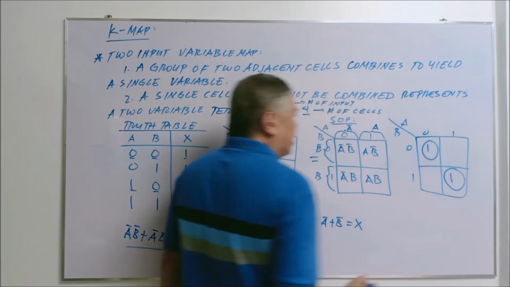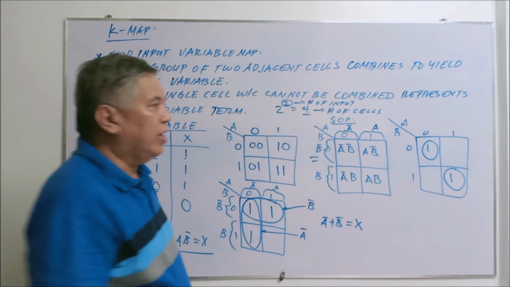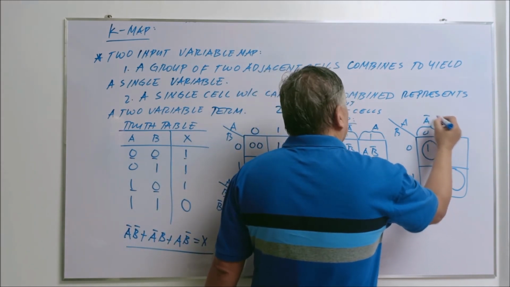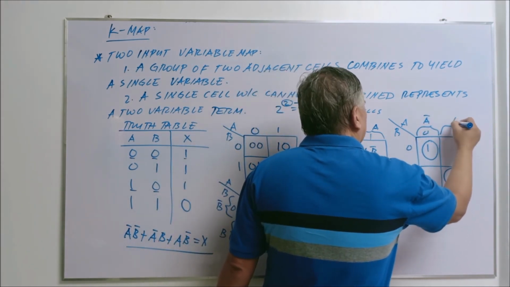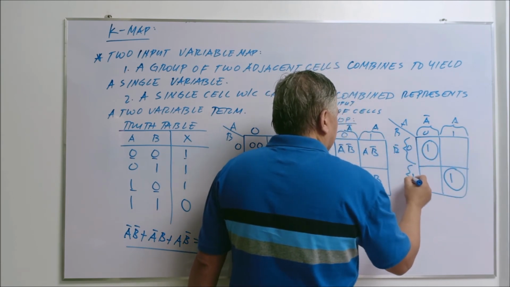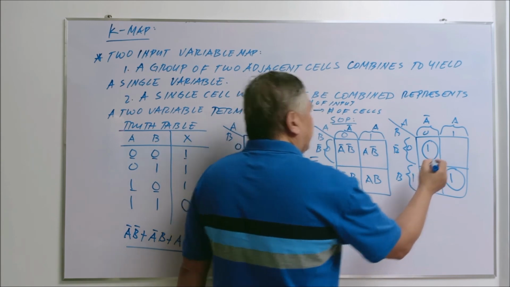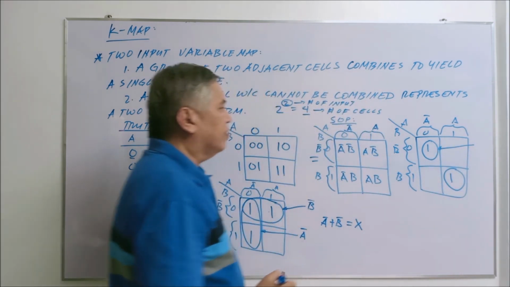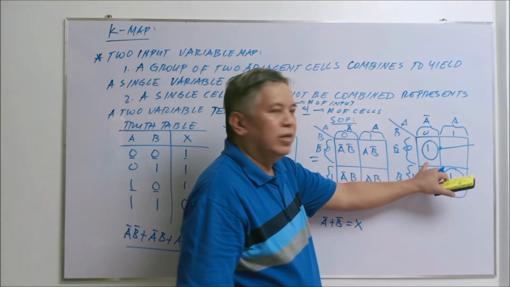And we know that this one here is under A bar, and this is A, this is B bar, and this is B. So what will be our equation or variable term for this particular cell?